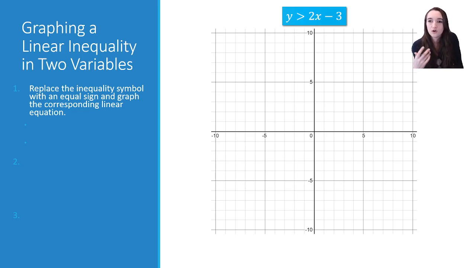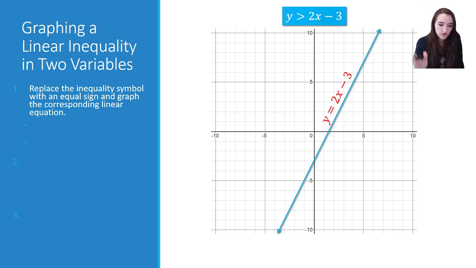So if you're rusty on it, then it is something you should look back and review, but it is not something I will be covering here. So I'm going to assume that we know how to graph this line from here on out. So y equals 2x minus 3. We've got slope of 2, y-intercept of negative 3, that's going to look like the following.